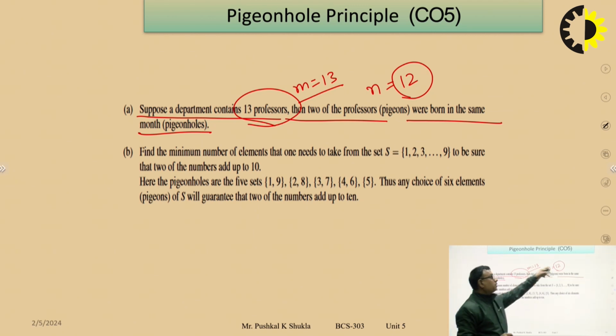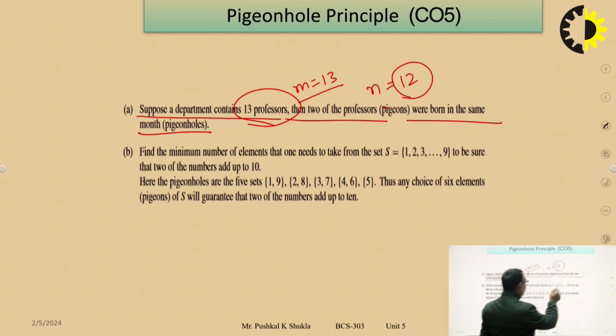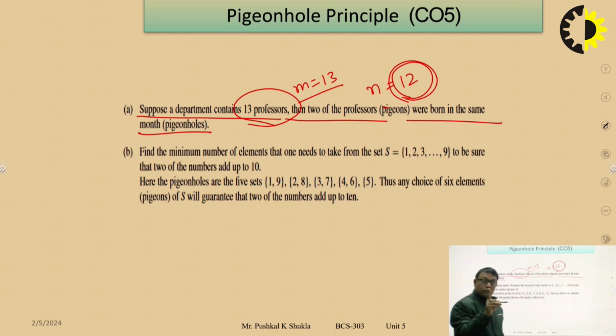So if m is greater than n, then there must be at least one pigeonhole which has more than one pigeon. It means there will be one month in which more than one professor was born. So this is the pigeonhole principle.